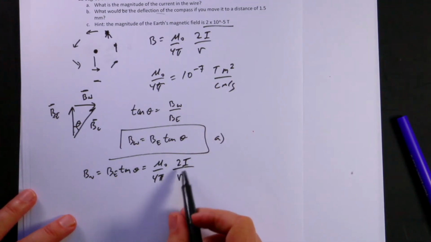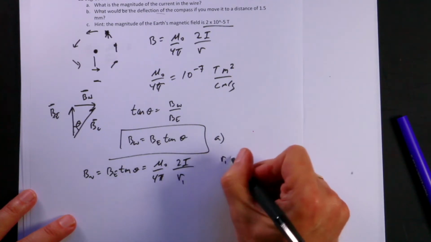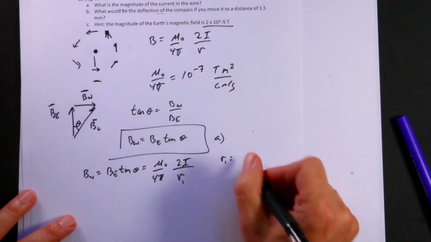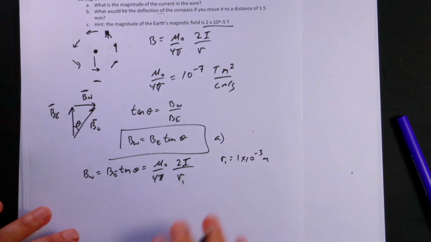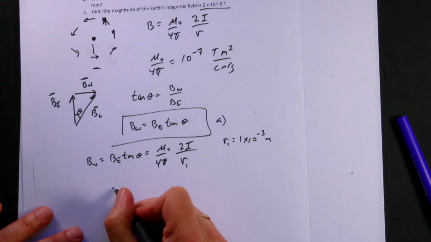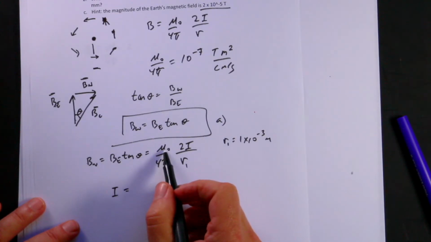Now I want to solve for I. In this case, I call that R1. R1 is 1 millimeter, so 1 times 10 to the negative 3 meters. So if I solve this for I, I get I equals, I'm going to write this as 1 over mu naught over 4 pi.